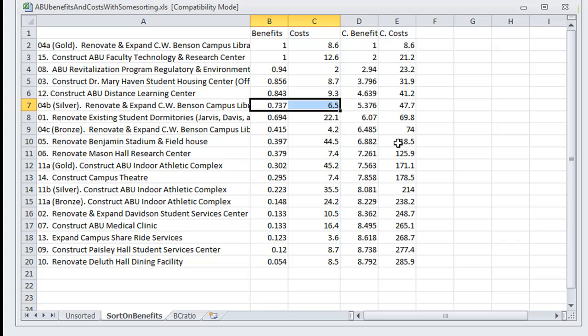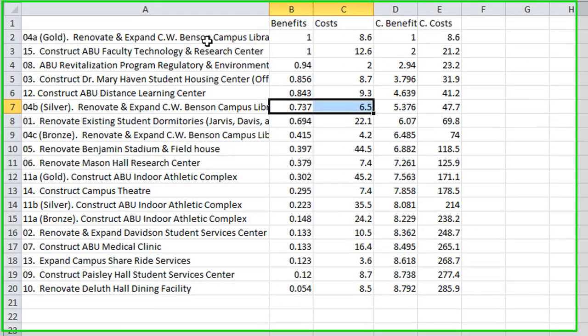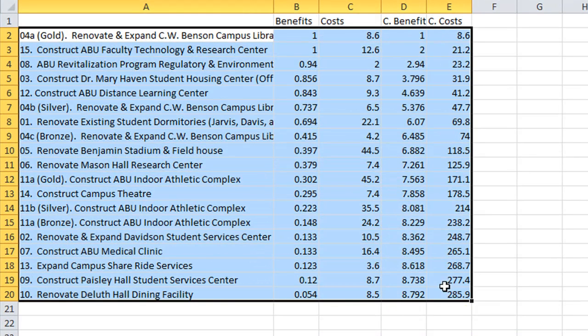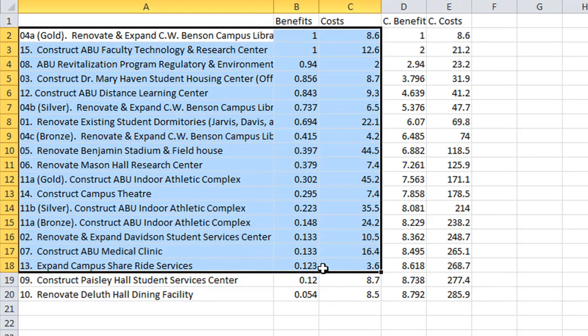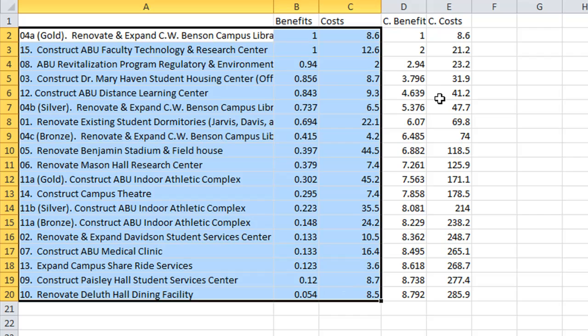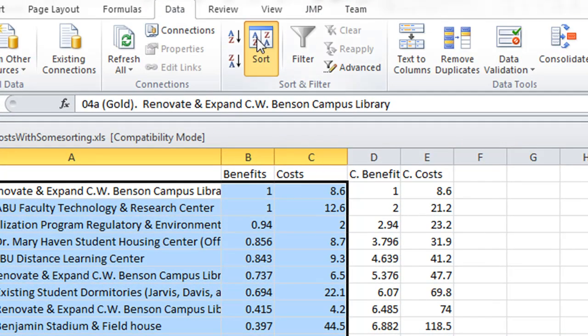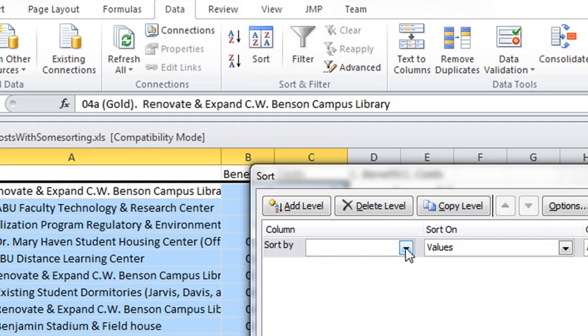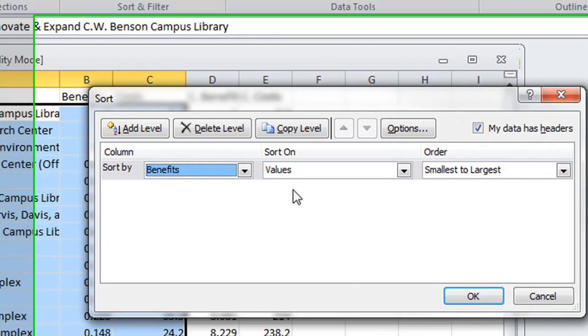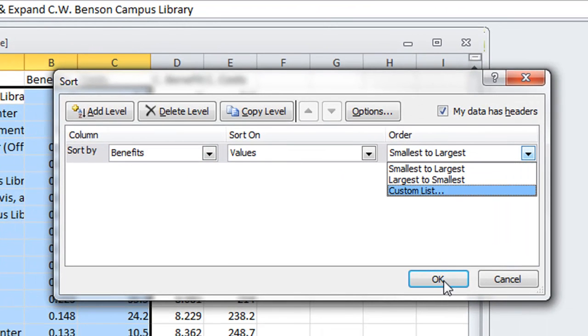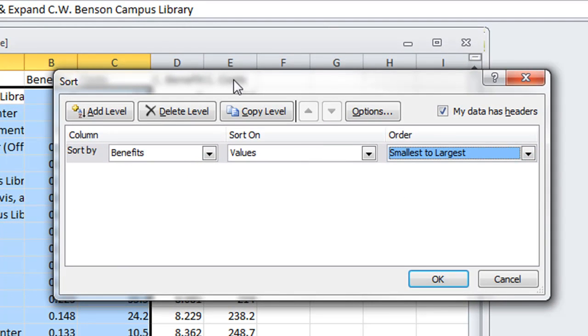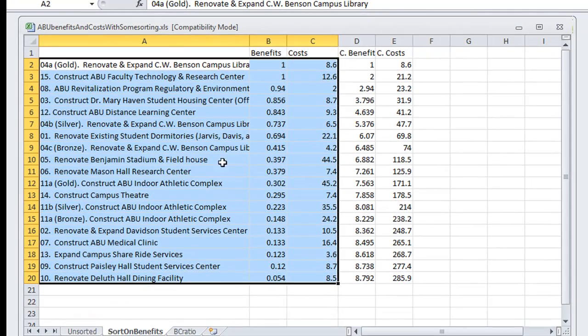I then pasted in everything that was on the previous sheet, and then what I did is highlighted this portion here. We didn't have these columns yet. And then said Data, Sort by Benefits, largest to smallest, and that's what resulted.